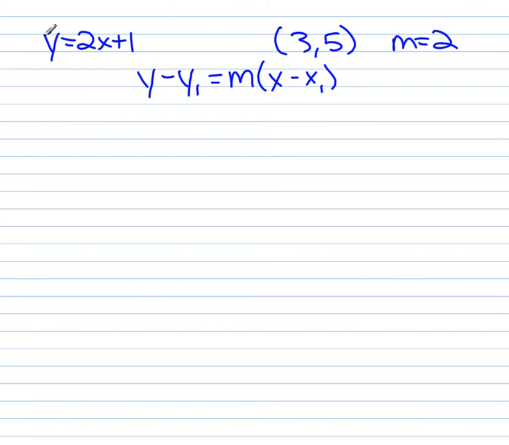Okay? So we just substitute our values in. So this 3 would represent what? That's x1, so it's going to be x minus 3. This 5 would be y1, so this would be y minus 5. And then this 2 would be m. We fill in everything else around that, so we have y minus 5 equals 2 times x minus 3.